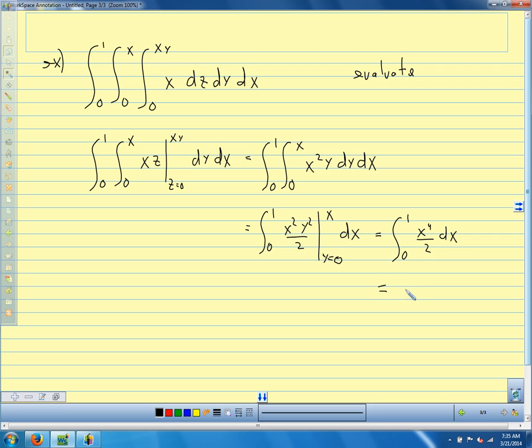And this is going to evaluate to x to the 5th over 10 from 0 to 1, and I get 1/10. So that triple integral would evaluate to 1/10.